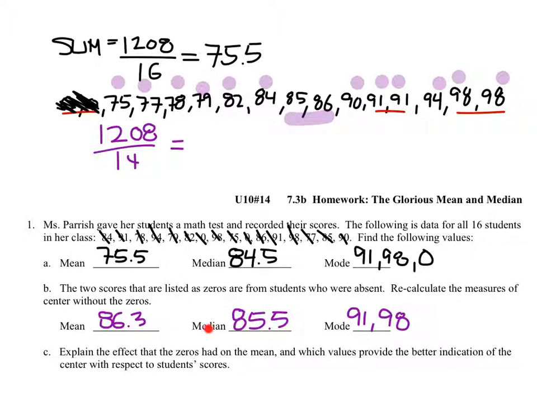Well, we may notice as well, it didn't affect the median too much. So we could say that the median would be a better measure of center or better represent the scores. Or we could even use the mean just without the 2 zeros. It just depends on how you look at it.